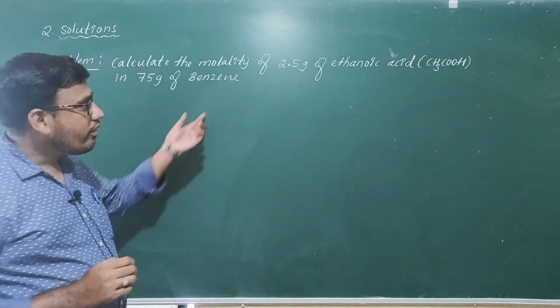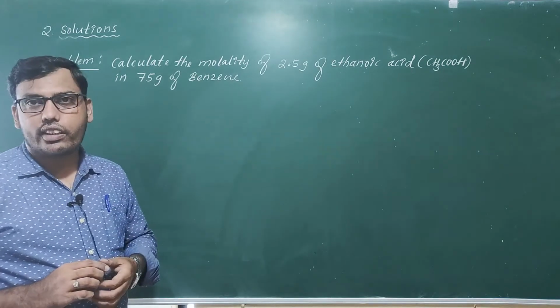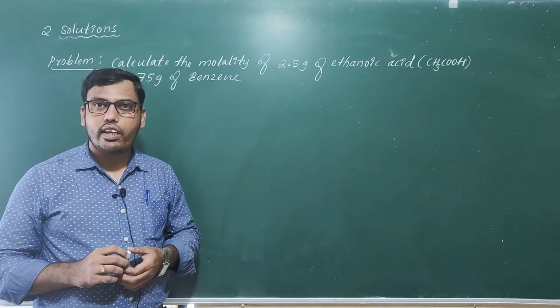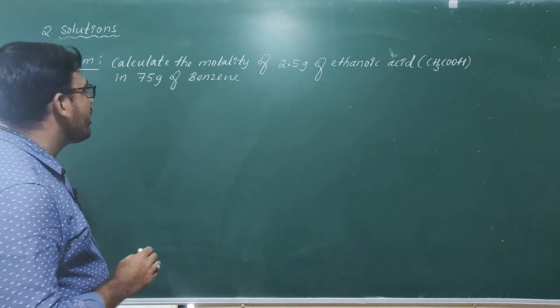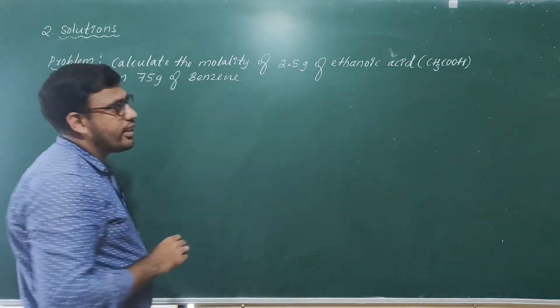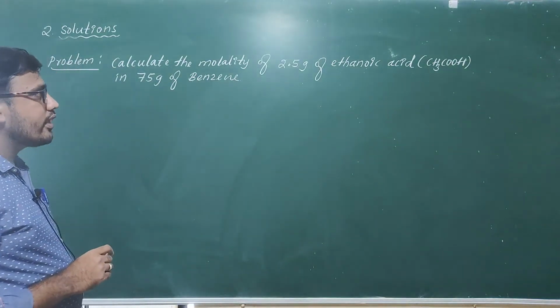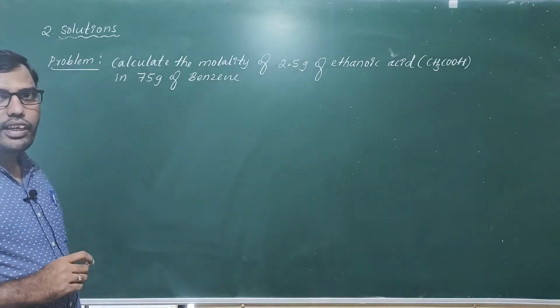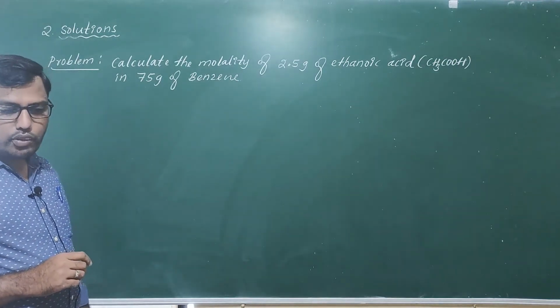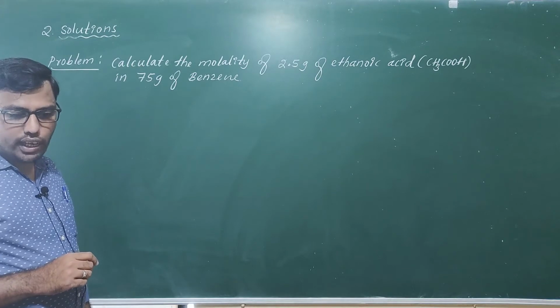Even by taking the mass also you can easily distinguish which one is a solute and which one is a solvent. If you read this problem, you will come to know ethanoic acid CH3COOH is a solute here and benzene is a solvent here.